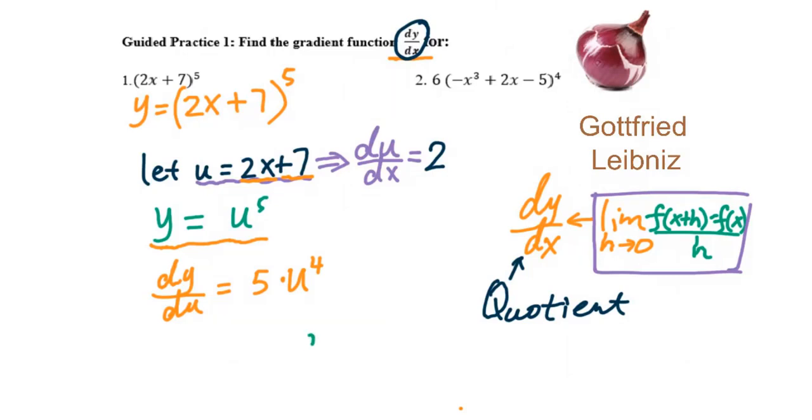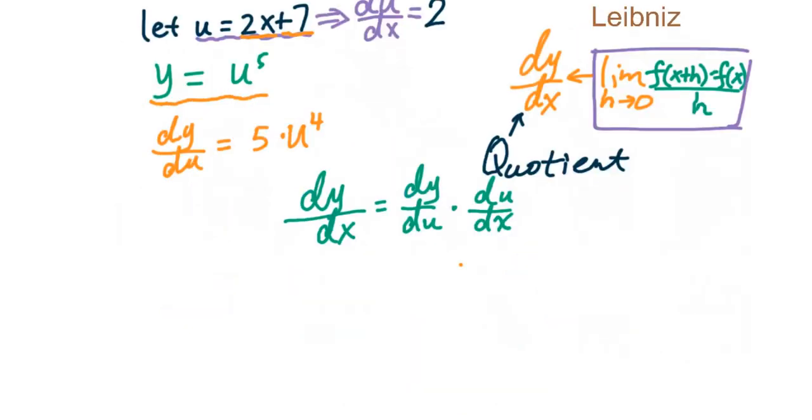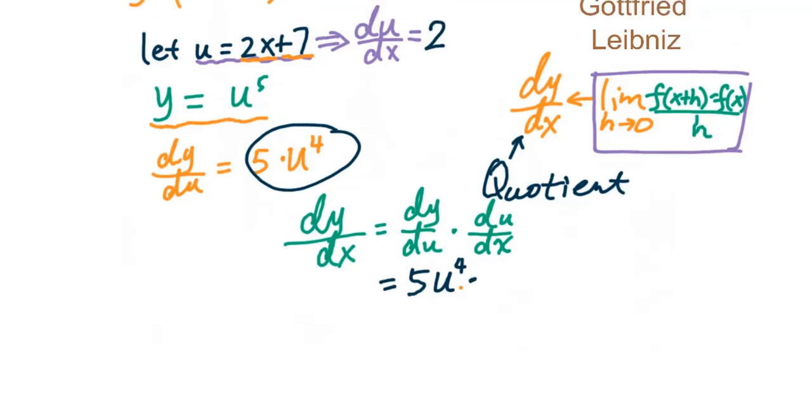Therefore, we can write down dy by dx equals dy by du times du by dx. dy by du is here, 5u to the 4th power. Then times du by dx, it's here, you got 2.